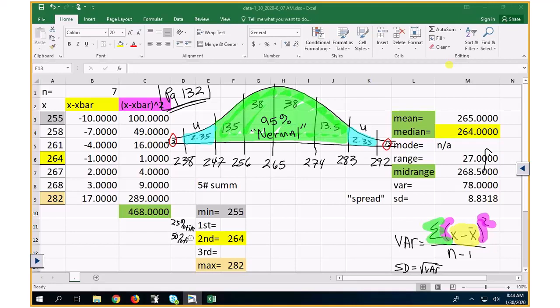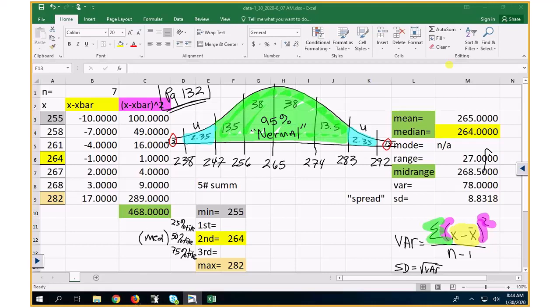And this is called, take a guess, the 75th percentile. So you've got the first quartile, the second quartile, the third quartile, and then you also call those the 25th percentile, the 50th percentile, and the 75th percentile. And the 50th percentile is always your median.